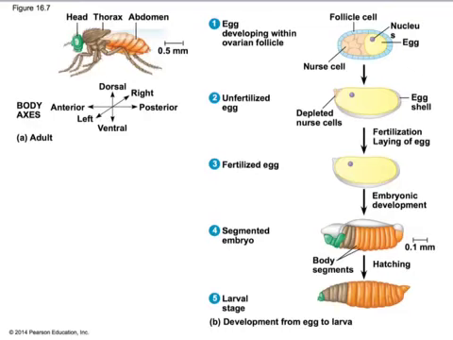And then you end up having embryonic development. Here are your body segments. In the segmented embryo, you have roughly 13 segments, and you get into the larval stage before morphogenesis occurs. Those first two segments become the head.